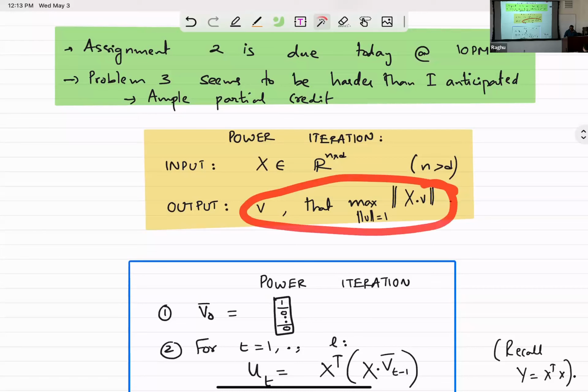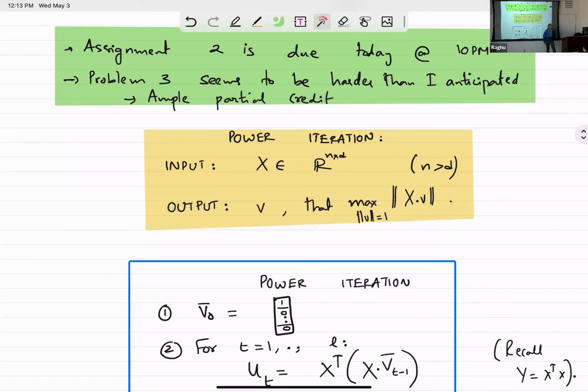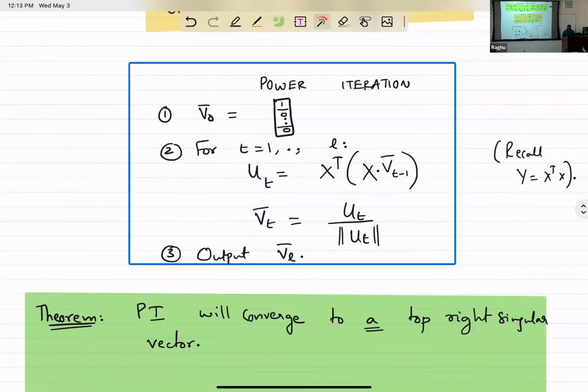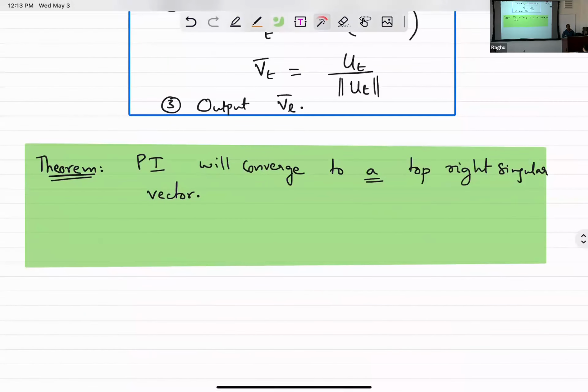We're trying to solve the problem of maximizing this X times V, right? And if you knew the SVD, what would be this maximum? Singular value, right? It's sigma 1 actually. So, I mean, we don't know what the value of sigma 1 is, but as a benchmark, that's what we're shooting for, right? So how well does power iteration do if you run it for t steps? What can you say about it?